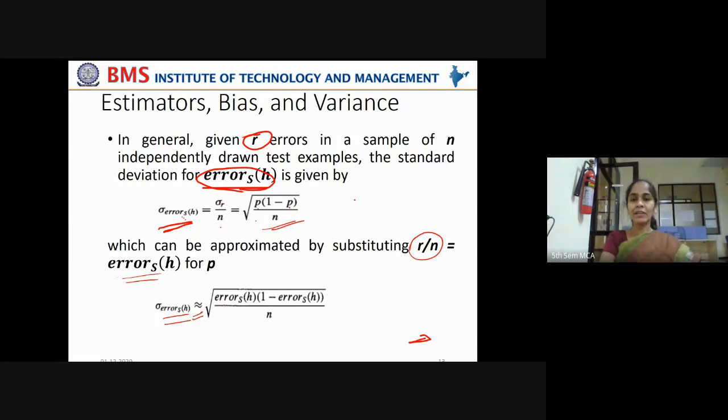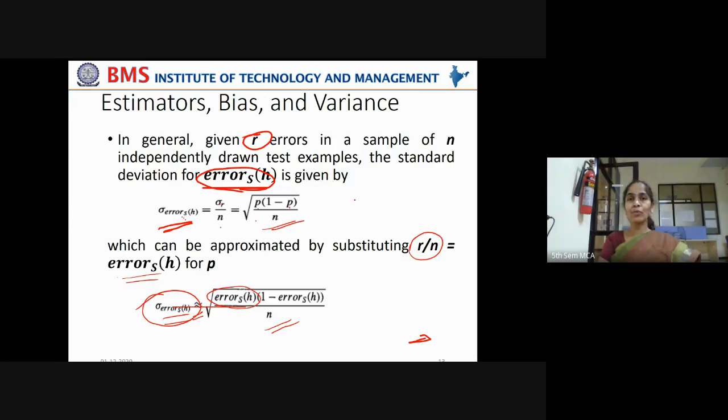So you are writing sample error into 1 minus sample error, instead of p into 1 minus p. Got it? So it is sample error multiplied by 1 minus sample error divided by the total number of data points. That is the standard deviation associated with your sample error.